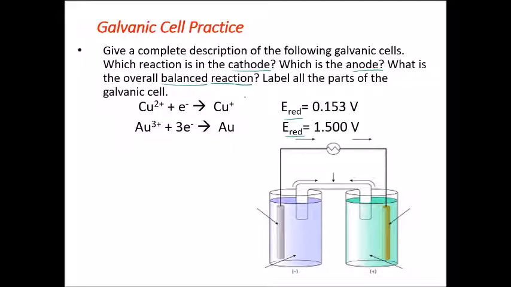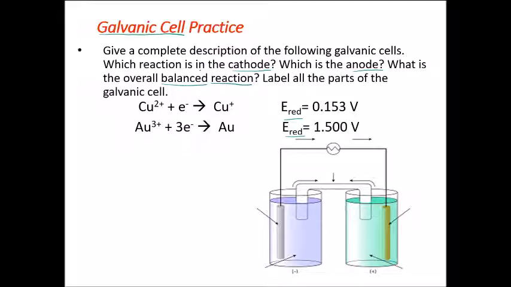Now, a galvanic cell, once again, just to make sure we're all on the same page, is defined by being thermodynamically favored. If it says it's galvanic or voltaic, you should be thinking about that.